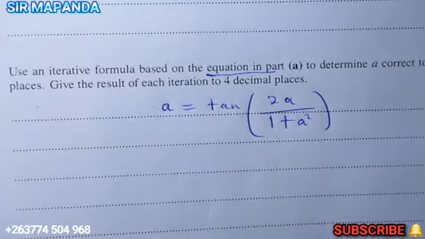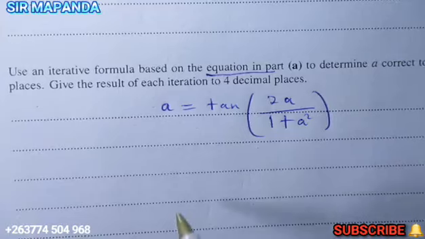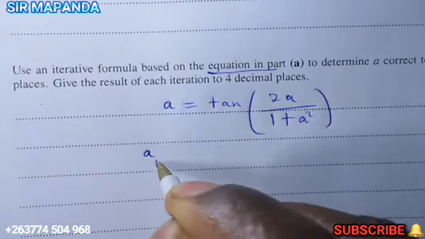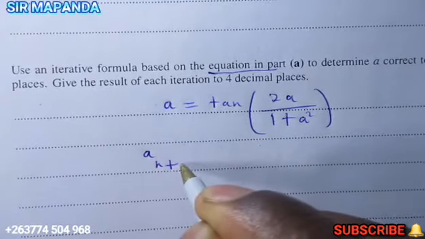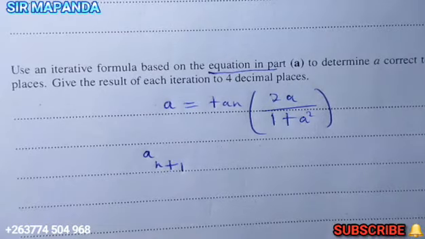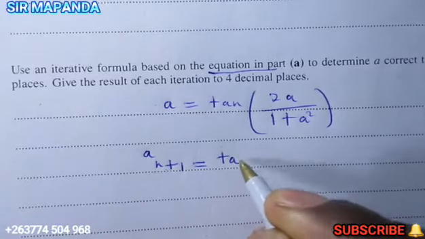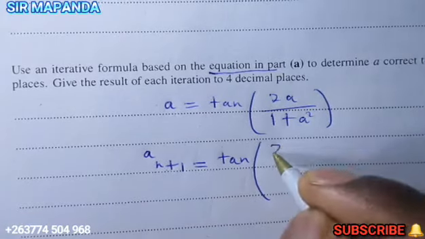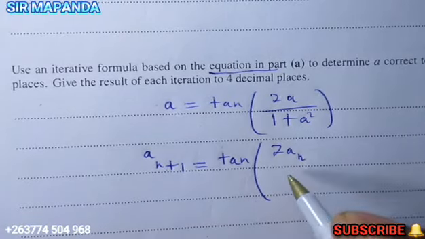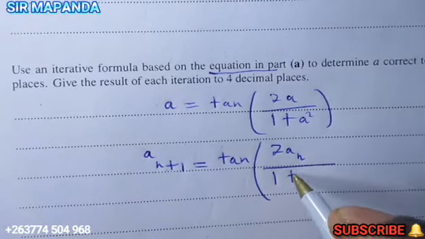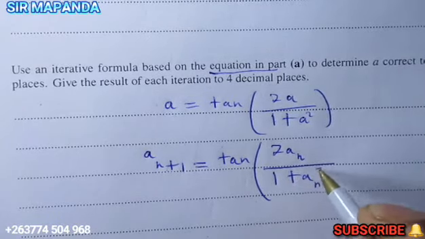Right, so to use the iteration, you make use of a sub n plus 1 is equal to tan, open bracket 2a sub n over 1 plus a sub n squared.